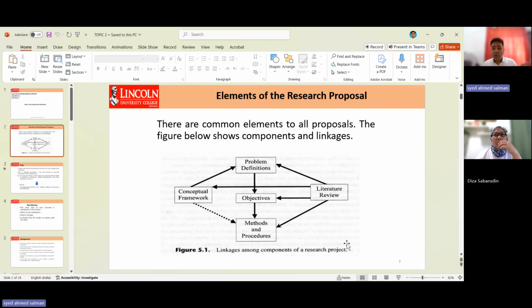If they are not talking to each other, meaning that there is something inaccurate, there is something wrong in the framework, or there is something wrong in the title. Do you understand what I'm trying to say here? Yes, sir.